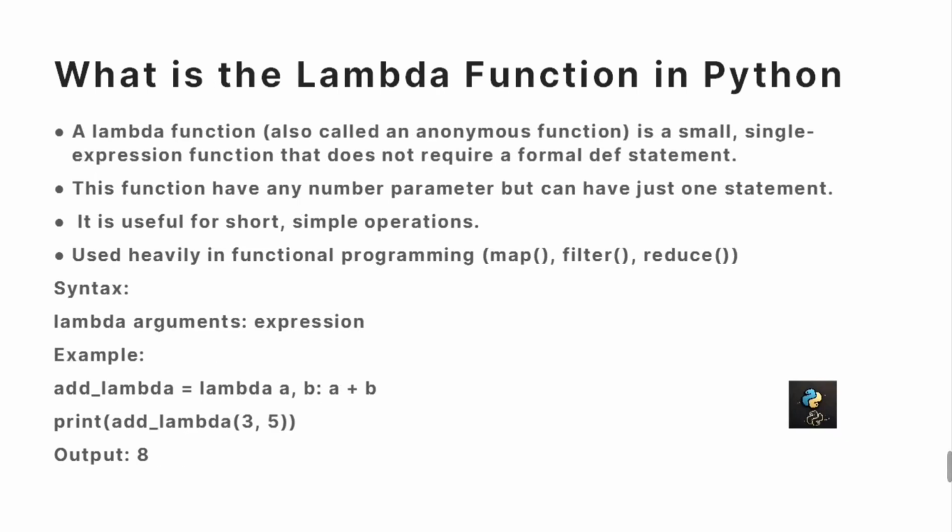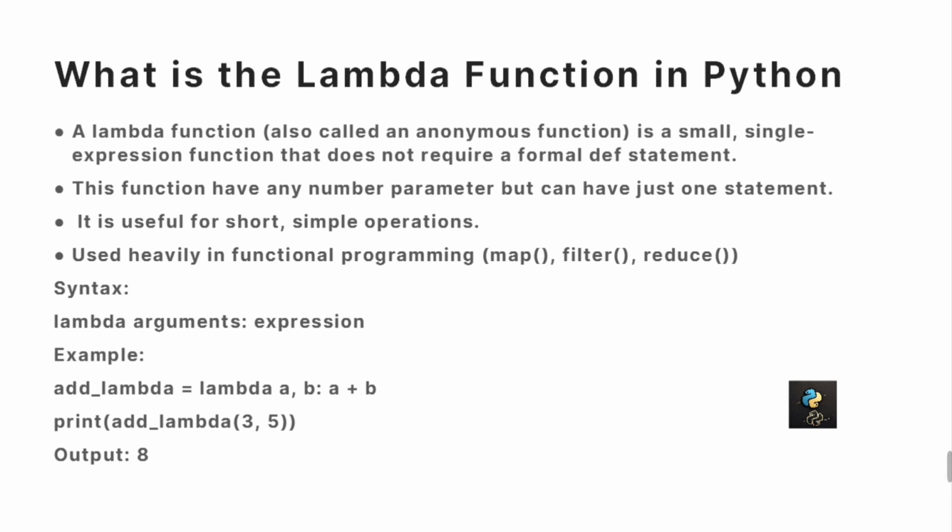Next question is the most tricky and confusing question, because many people confuse the lambda function with list comprehension. So now we are going to discuss what the lambda function is. Lambda function is an anonymous function. Why do we call the lambda function an anonymous function?